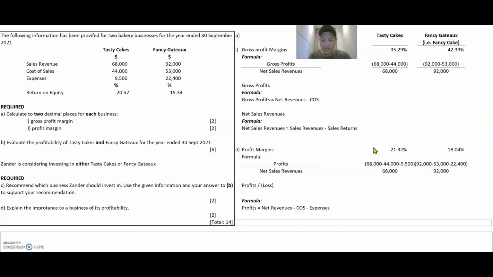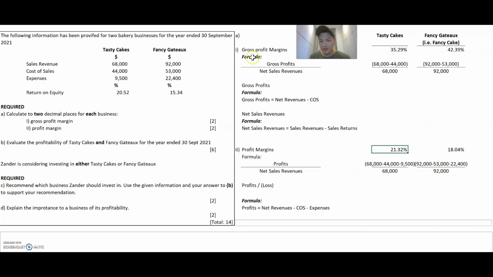Indirect costs is things like salaries, rental, utilities, electricity, and stuff like that. Out of the $100 of sales that I make, my profits would be $21 after deducting this for Tasty Cakes, and Fancy Gâteau would be about $18. So which is a more profitable business at the end of the day? It would be Tasty Cakes, $21.